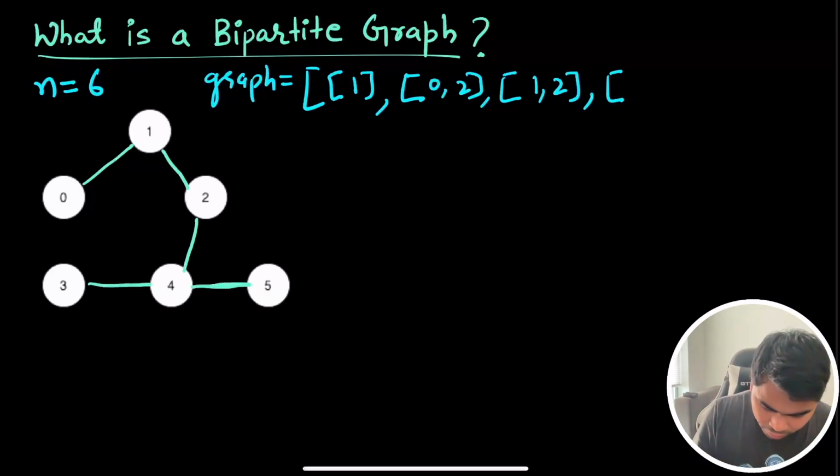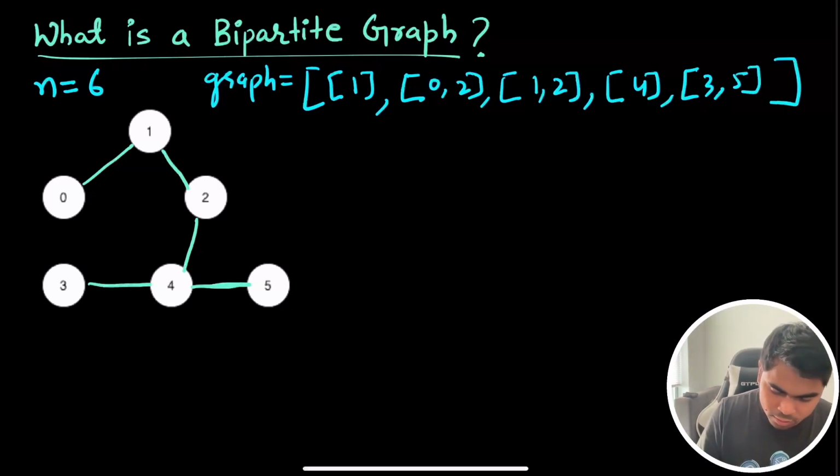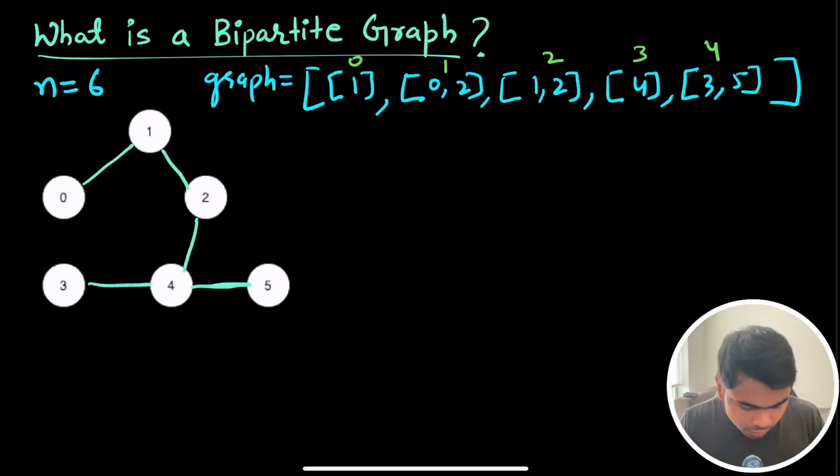And then what is 3 connected to? 4. What is 4 connected to? 3 and 5. So I think we have covered all the nodes: 0, 1, 2, 3, 4, and I think we forgot about 5, because 5 is connected to just 4.